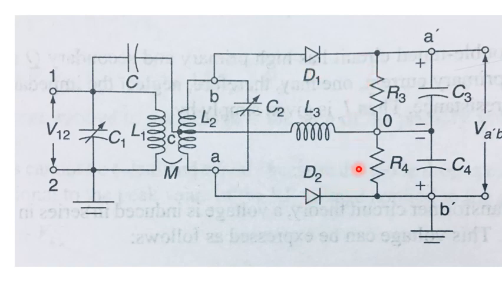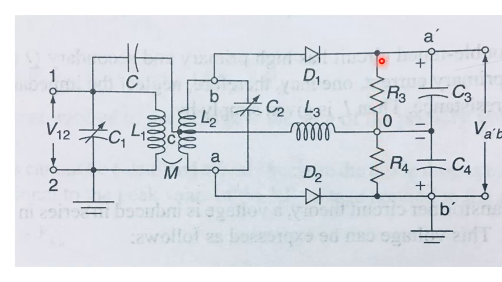Both the currents are the same, but the direction of current through diode D1 is clockwise, and the direction of current through the diode D2 is anti-clockwise. Hence, the voltage produced across the load resistor R3 and the voltage produced across the load resistor R4 are of the same magnitude, but in opposite direction.